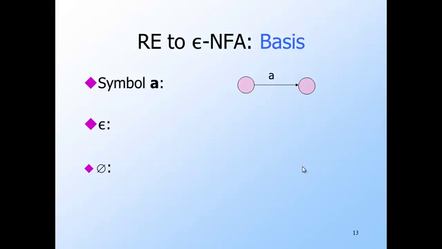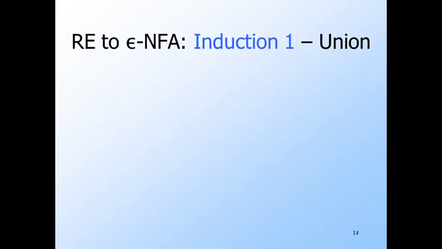Obviously, this automaton accepts the language of the regular expression A, that being only the one string A. If the expression is epsilon, then it is sort of the same, except the arc is labeled epsilon. And if the expression is the empty set symbol, then we just have the start and the final state and no way to get from one to the other. Okay. Now we begin the induction.